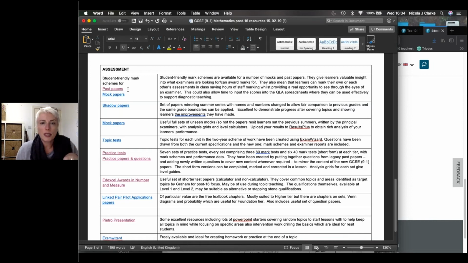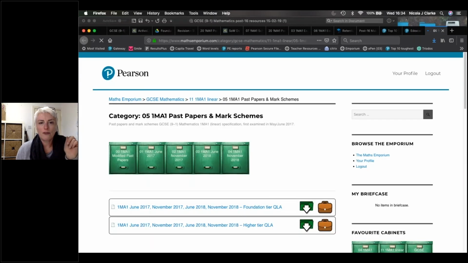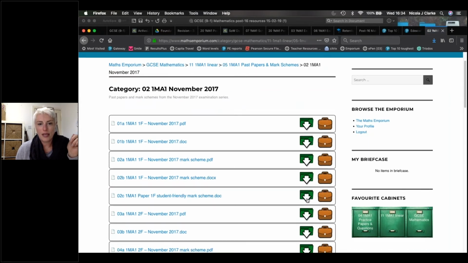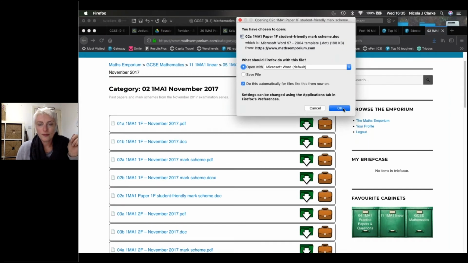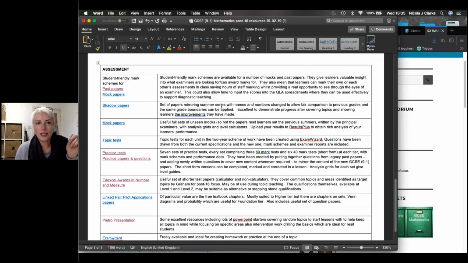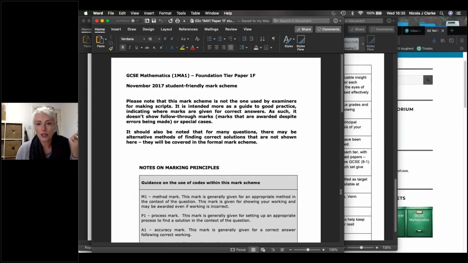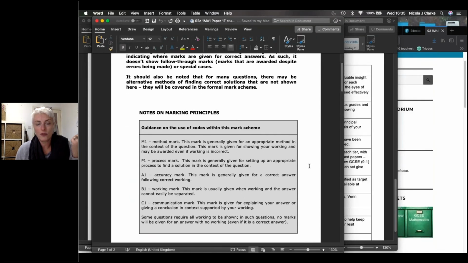These are particularly good, and there are some past papers here I'll just show you. So again, from Emporium, if we look at November 17, we've got a student-friendly mark scheme here. The difference is that this explains the thinking. The examiner's version doesn't so much. You might find them useful for yourself.